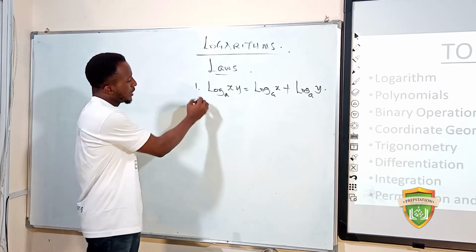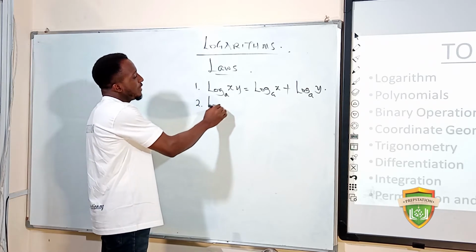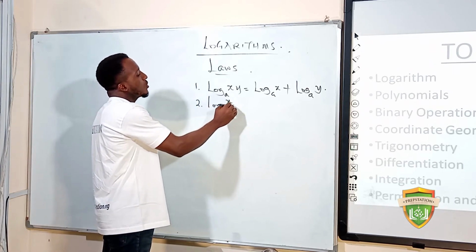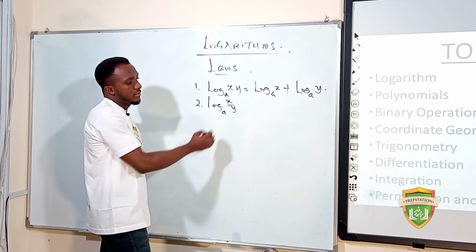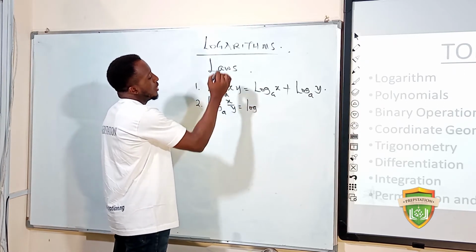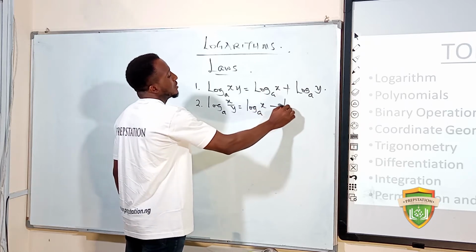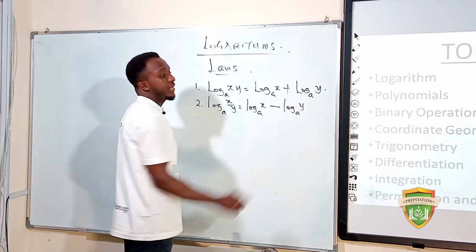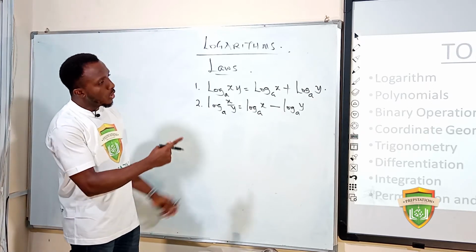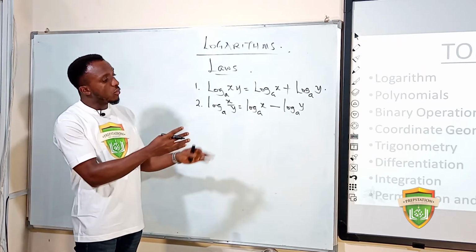This is the first law. Now the second law, if you have log of x over y to base a, this would yield log x to base a minus log y to base a. That's the second law. We're going to see how to apply these laws in solving questions.